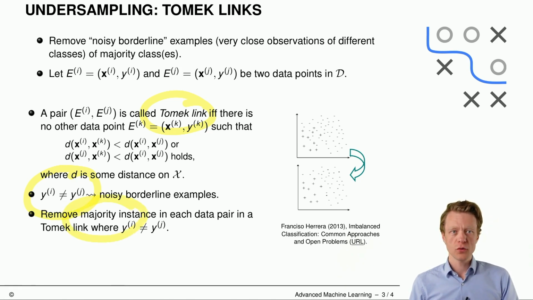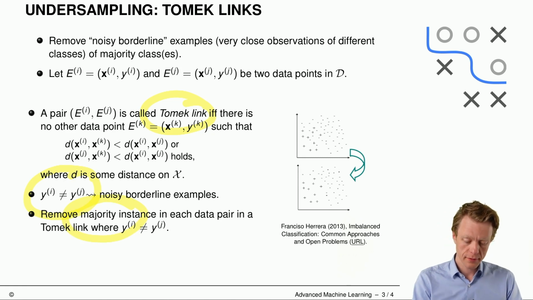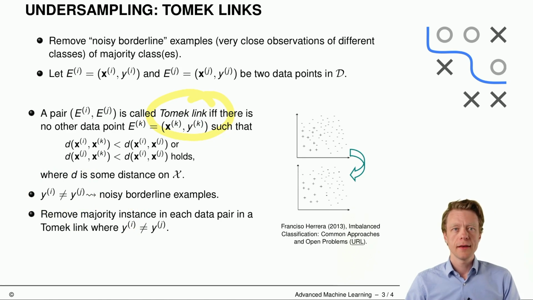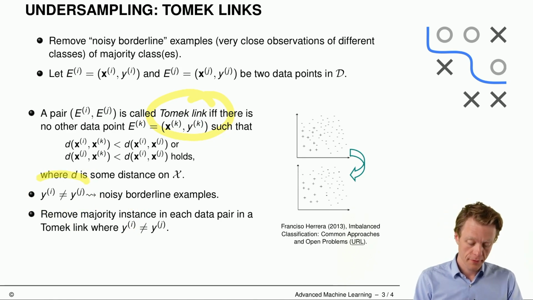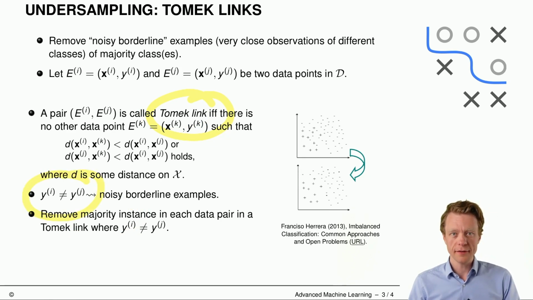Okay, so first we are looking for those Tomek links, for those pairs that are very close to each other. Then we look if the classes differ, and if the classes differ, then we remove one of the two observations from the data set, and that is exactly the observation that corresponds to the majority class.